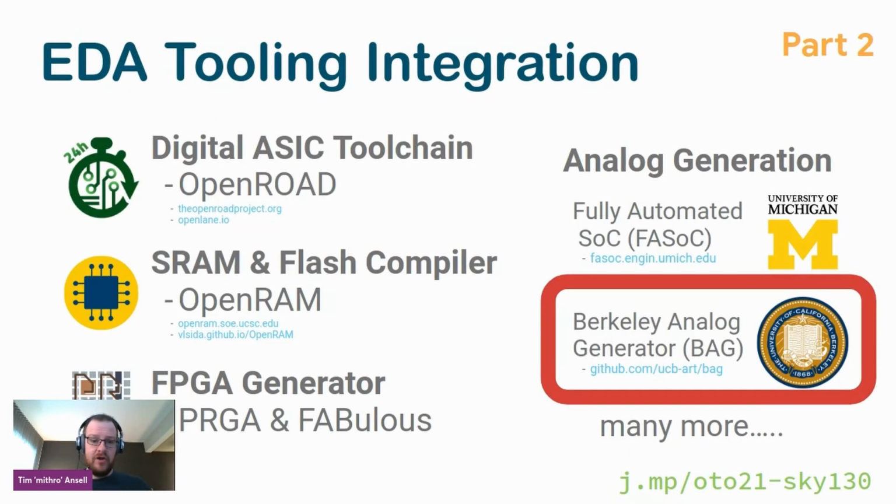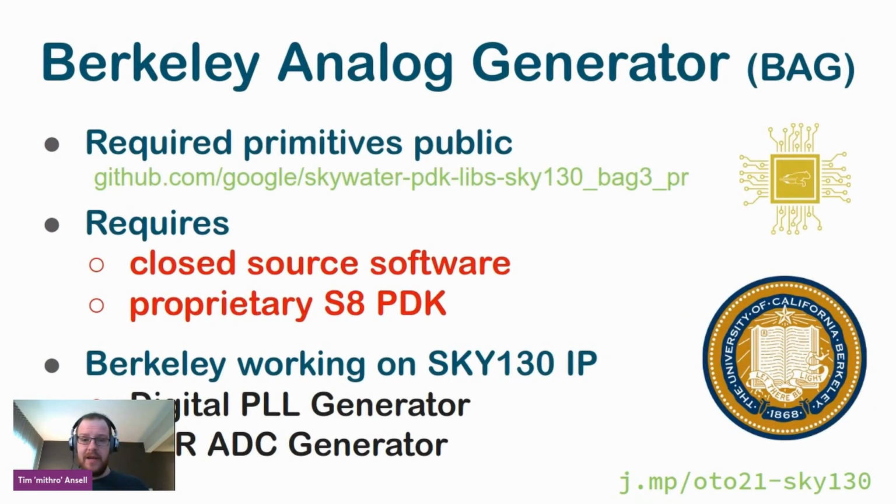The other analog generator that we were looking at was the Berkeley analog generator, or BAG as it's called. That has been less successful. At the moment, there are primitives available for use with BAG, but BAG still requires closed source software and Skywater's proprietary S8 PDK, which was the thing that existed before the open source PDK.